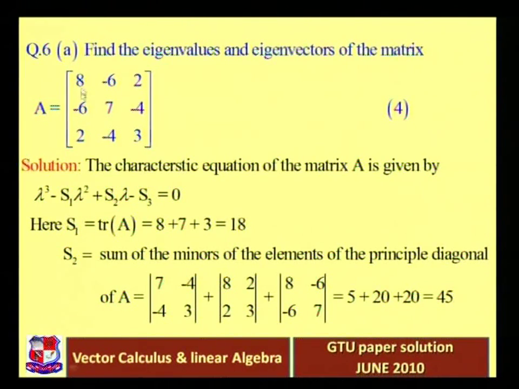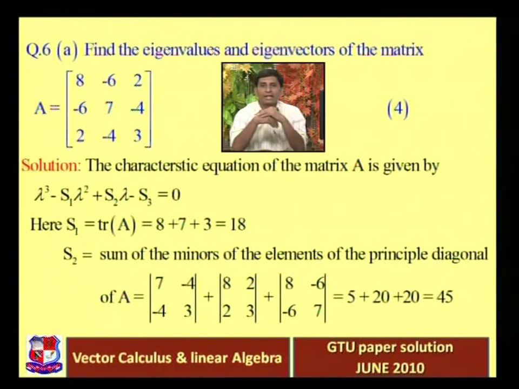This matrix is of size 3 cross 3, so the first term is definitely lambda cube, then minus s1 lambda square plus s2 lambda minus s3 is equal to 0. Now what is the meaning of s1, s2 and s3? s1 is the trace of A, which means the addition of the main diagonal entries.